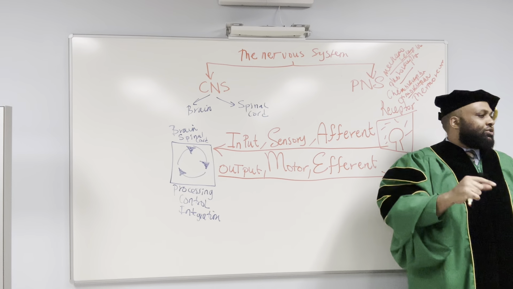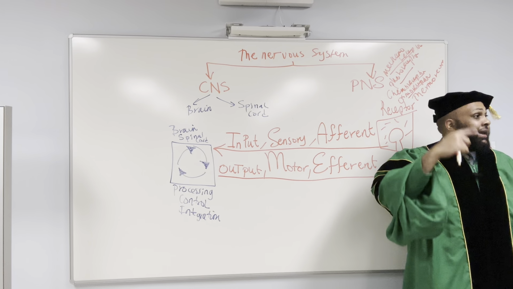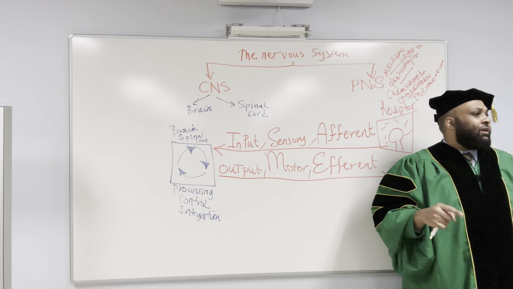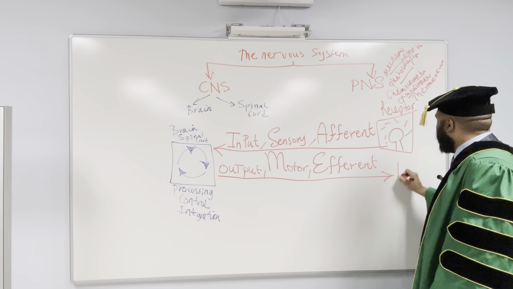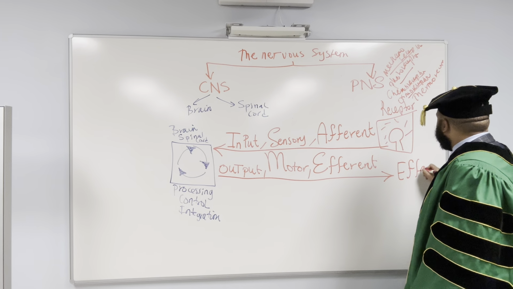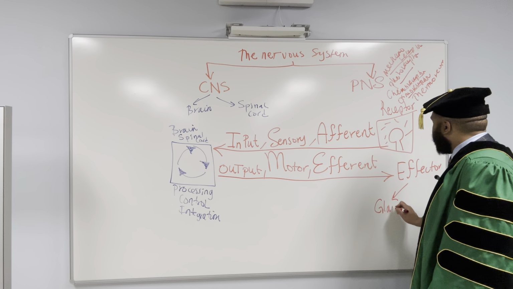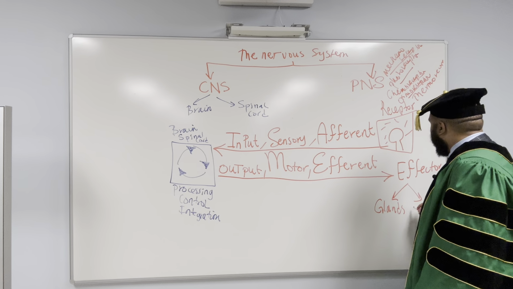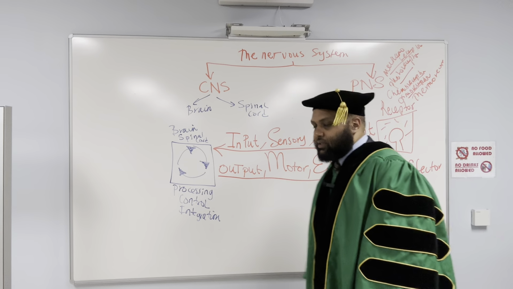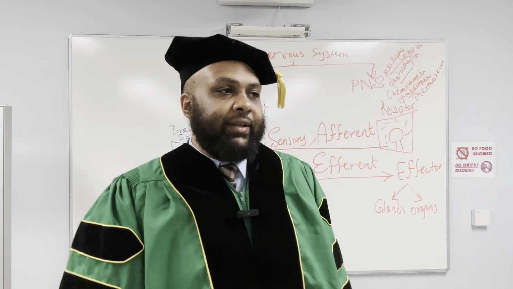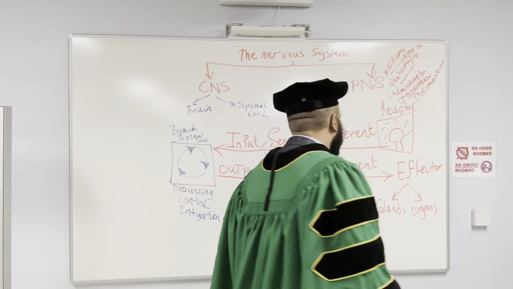What's the name of those? Remember we said the pancreas is going to secrete a hormone after the brain tells it there's too much sugar. So what do we call it? Effector. And we said effectors are either glands or organs. Any questions? Glands or organs.